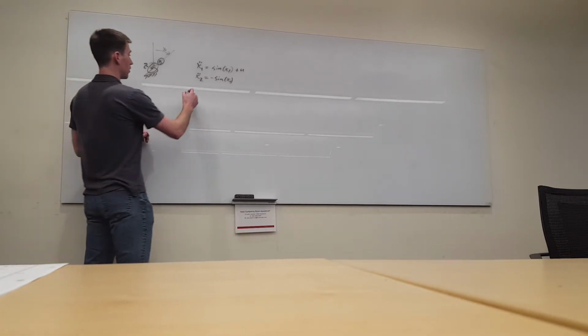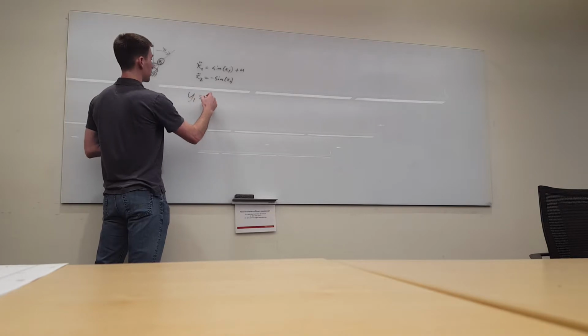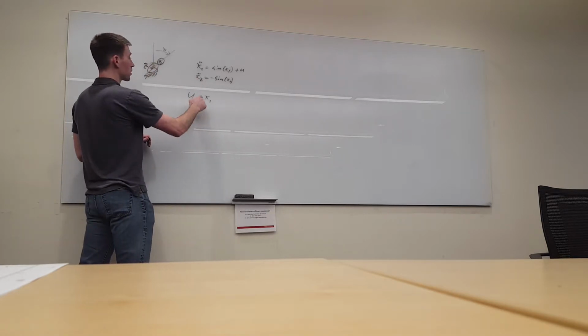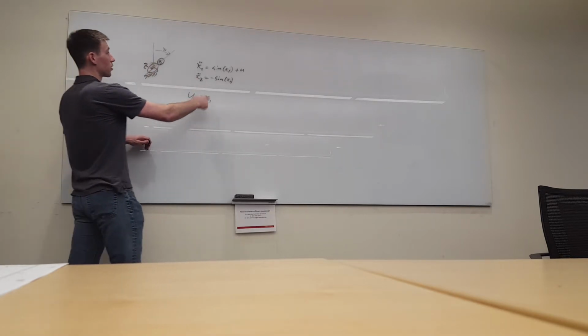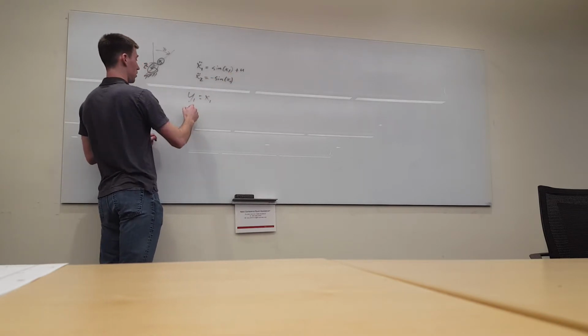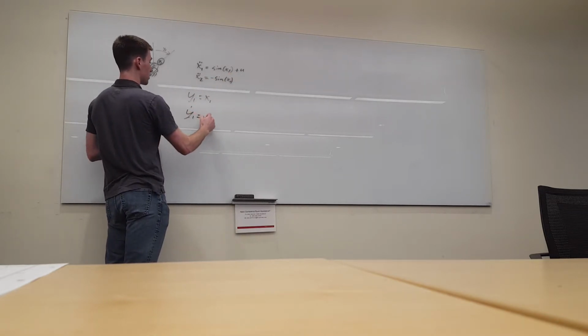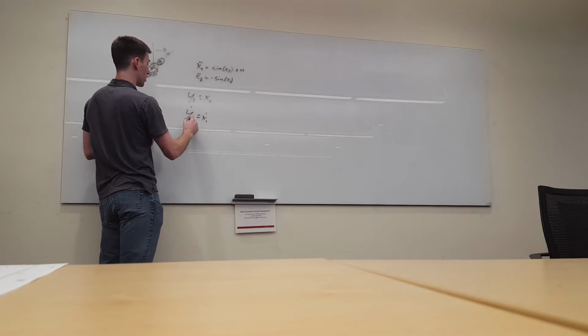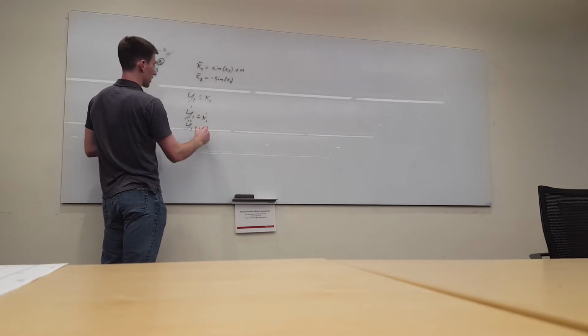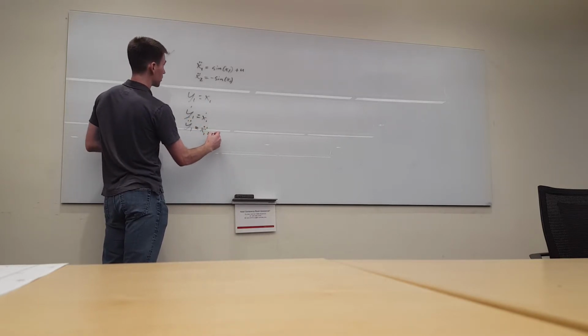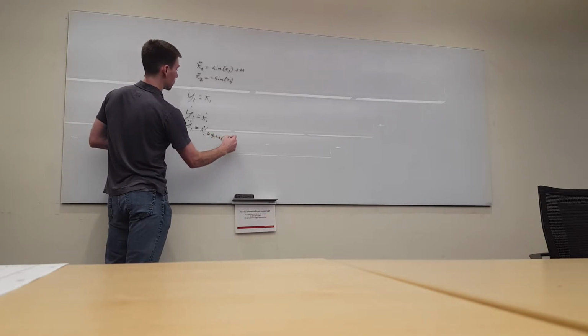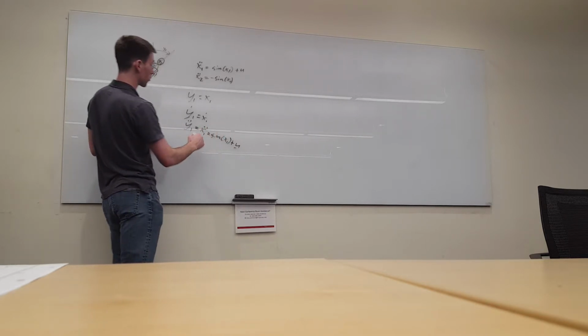So, y1 is x1. First thing we do on these problems, differentiate until we get our control. y1 dot is x1 dot, y1 double dot is x1 double dot, which is sine x1 plus u. We found our control.